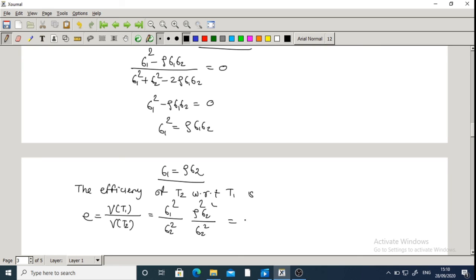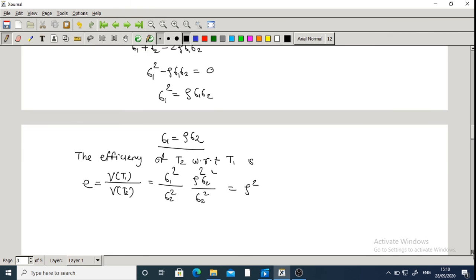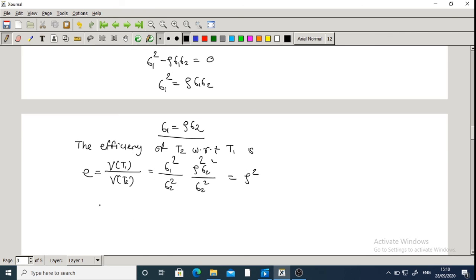So what is remaining? Rho square. And what is the value of rho? If rho square is equal to E, this implies rho is equal to square root E. This is the result. Thank you.